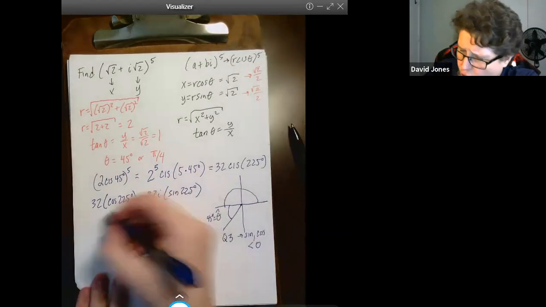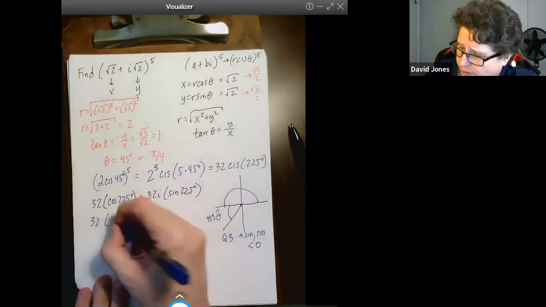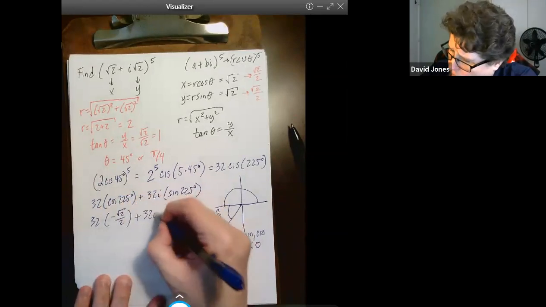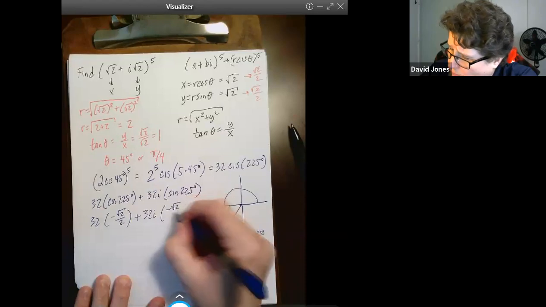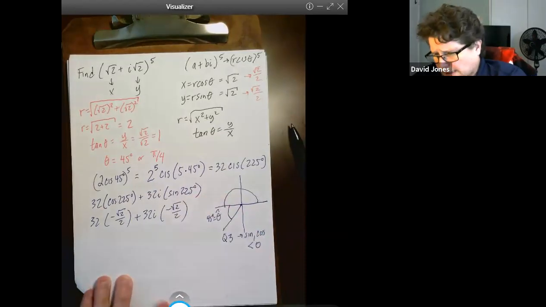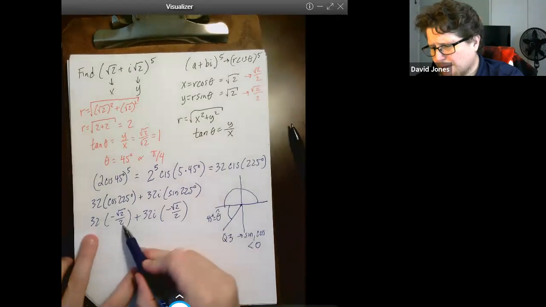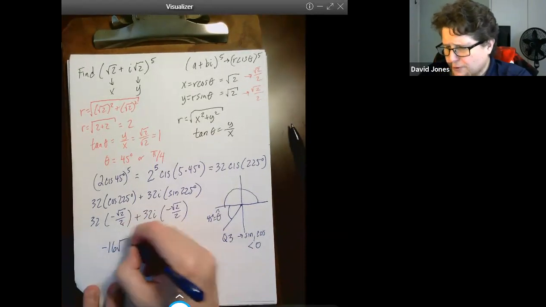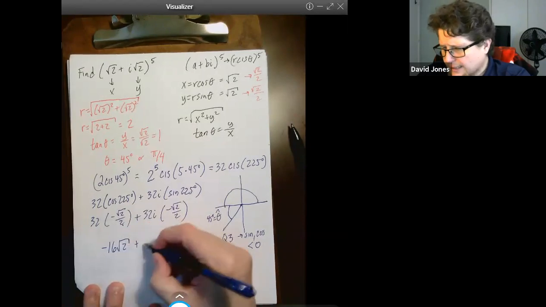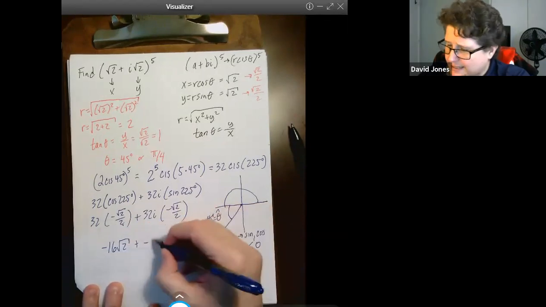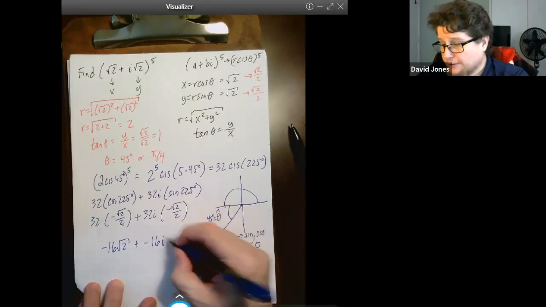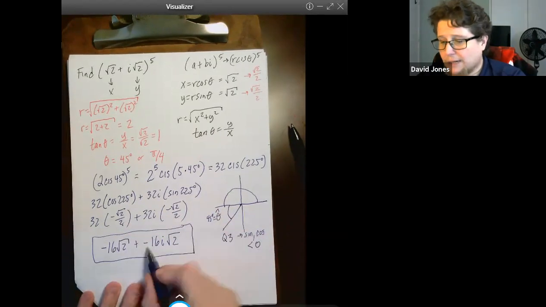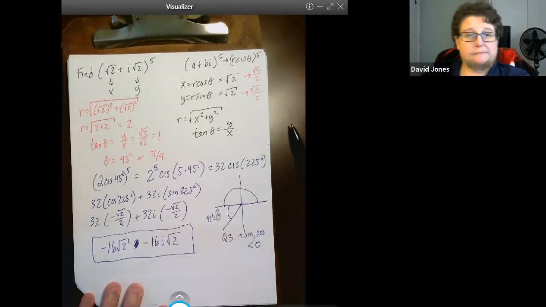And both of these are negative root 2 over 2. And 32, I divide by 2, I get 16. I get negative 16 root 2 plus negative 16 i root 2. And I don't need the plus and the minus, we can just do the minus.